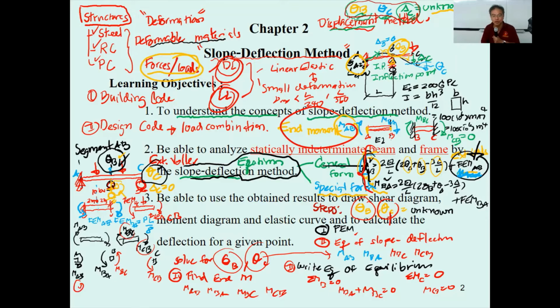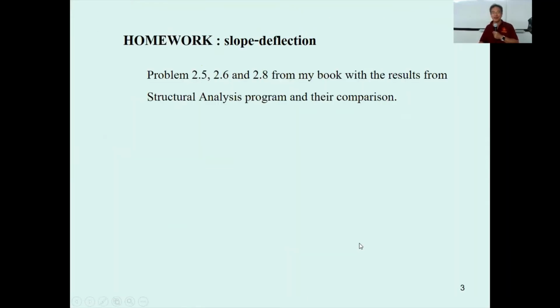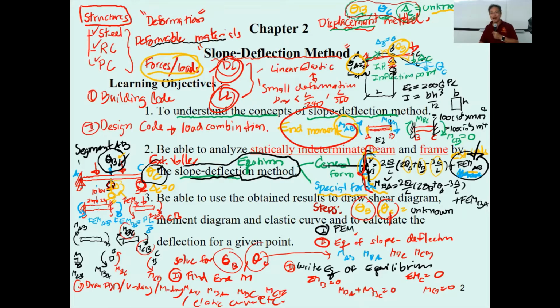You can use these end moments to draw the free body diagram, shear diagram, moment diagram, and elastic curve, et cetera. That is what we have for the slope deflection method in one page.